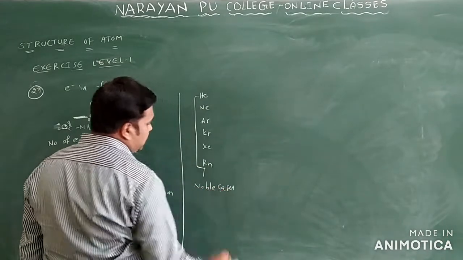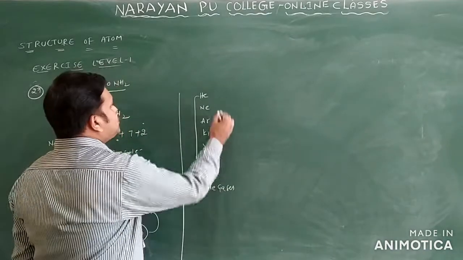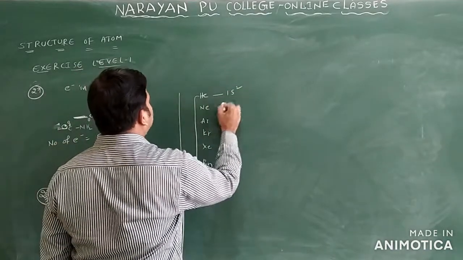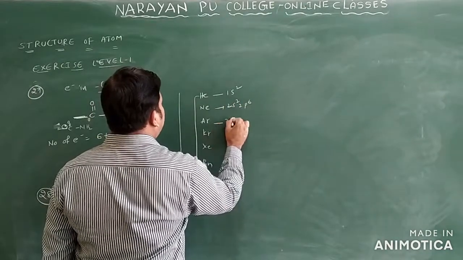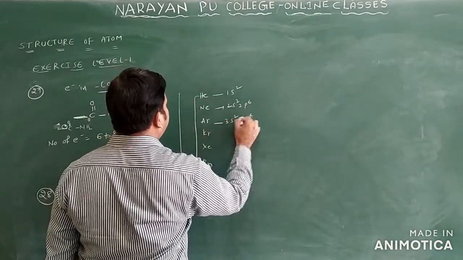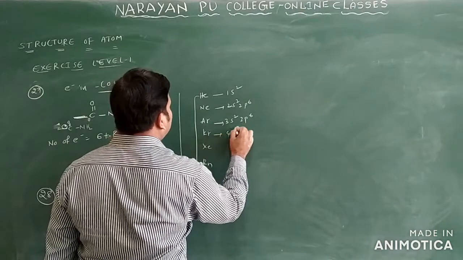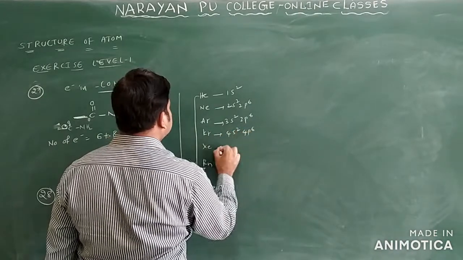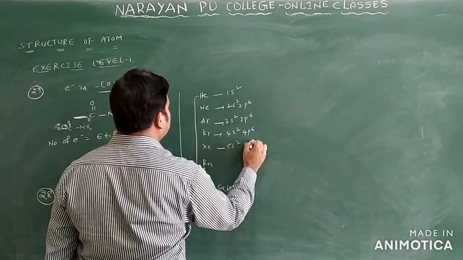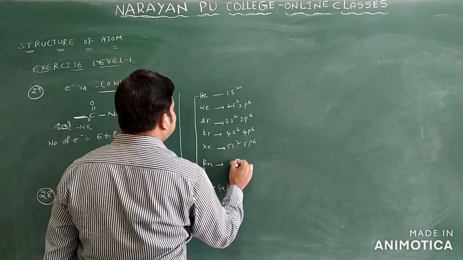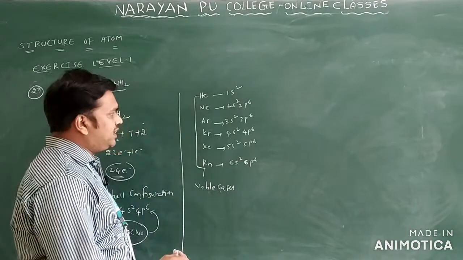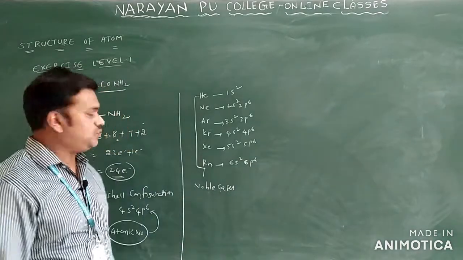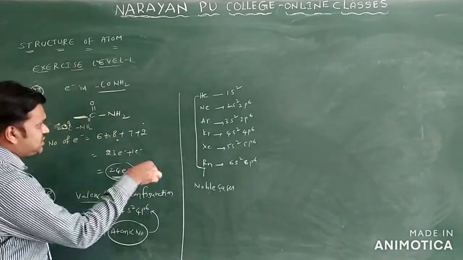The configurations are 1s2, 2s2 2p6, 3s2 3p6, 4s2 4p6, 5s2 5p6, and 6s2 6p6. This is the valence shell configuration I wrote.